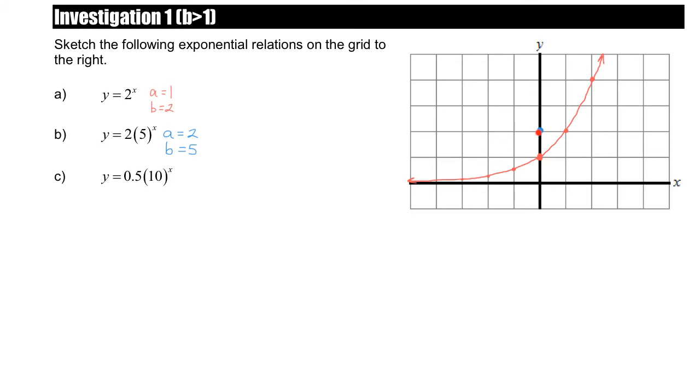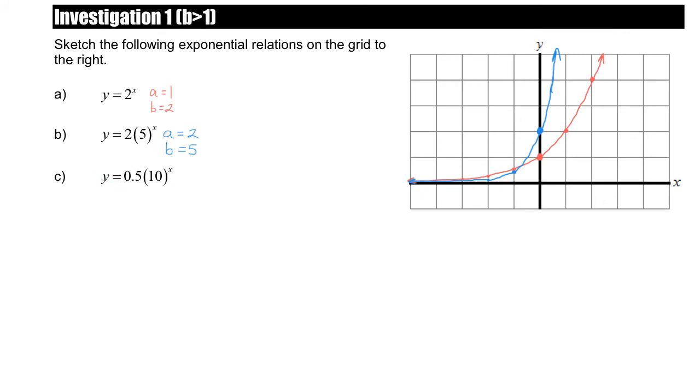If I go to the left, I'm going to be 1/5 of what I was. Somewhere down here. And 1/5 of that would be down here, etc. Gets smaller and smaller and smaller. So there's my curve for y equals 2 times 5 to the x.